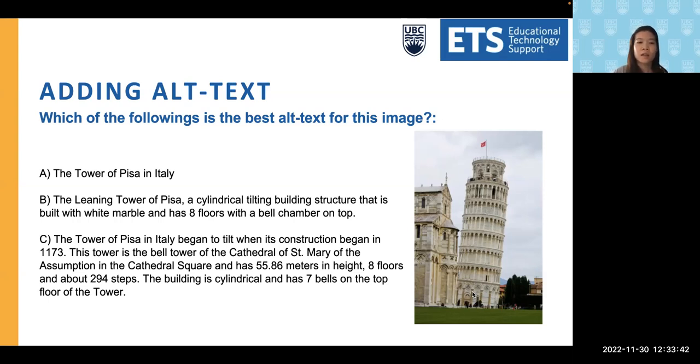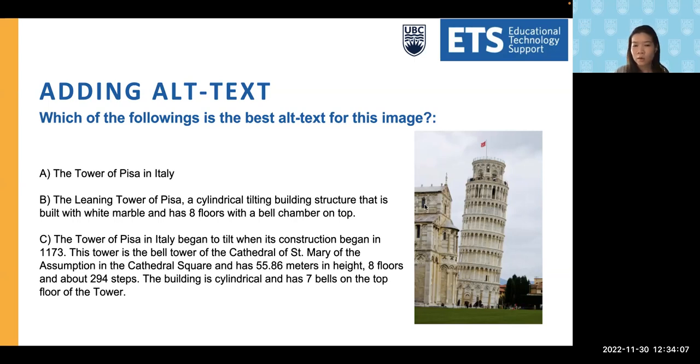B gave a reasonable description of the image, so you kind of know the building structure and how many floors it has, so it's a good description. And for C, it has too much context, and too much information that is probably irrelevant to the image itself.